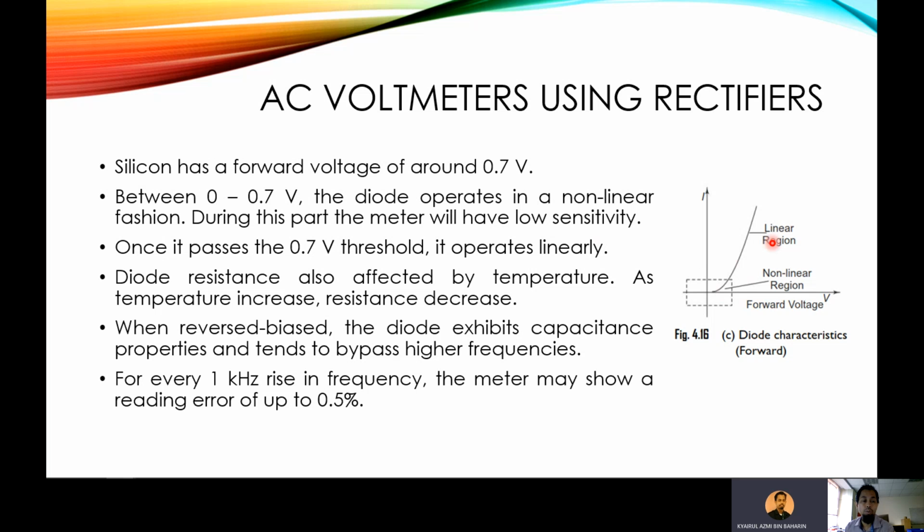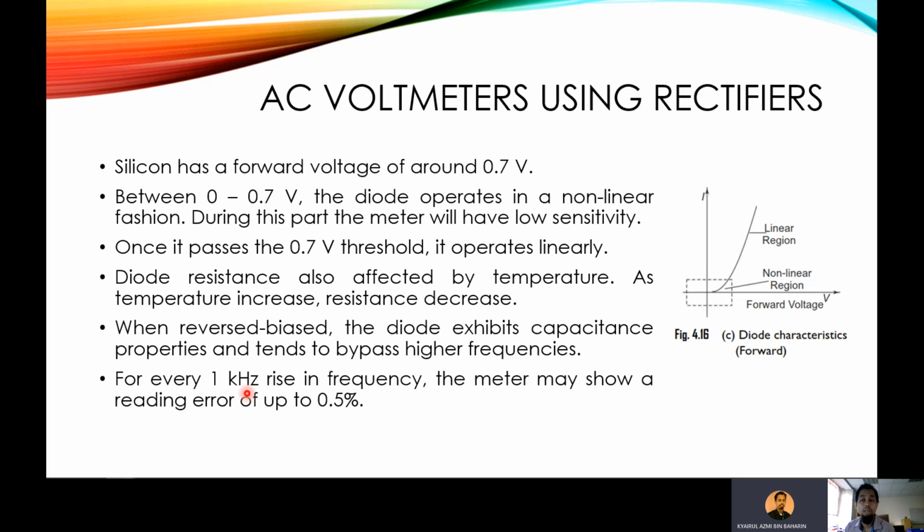Okay, a diode to a certain extent is also affected by temperature. As temperature increases, resistance decreases. Bila suhu makin meningkat, rintangan akan makin berkurang. And when we reverse bias, the diode exhibits capacitance properties and tends to bypass higher frequencies.